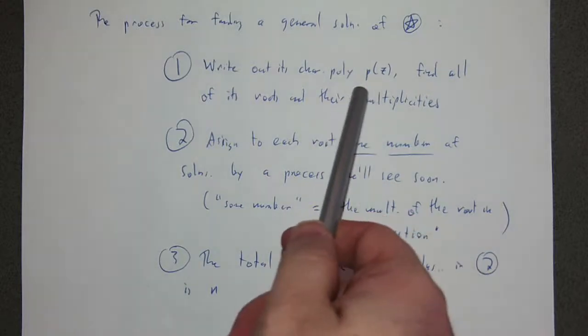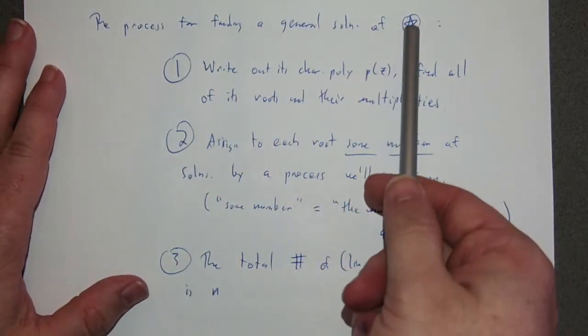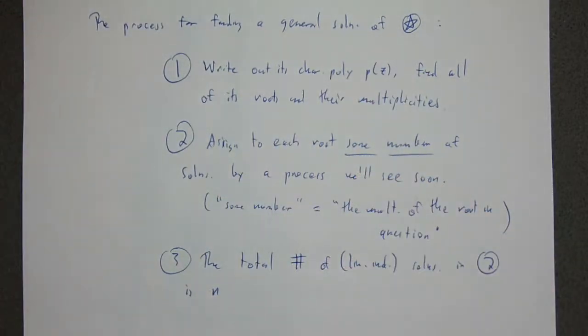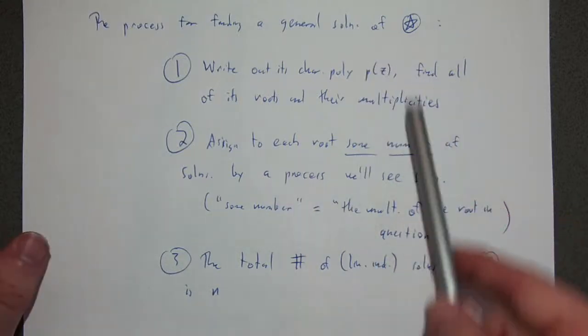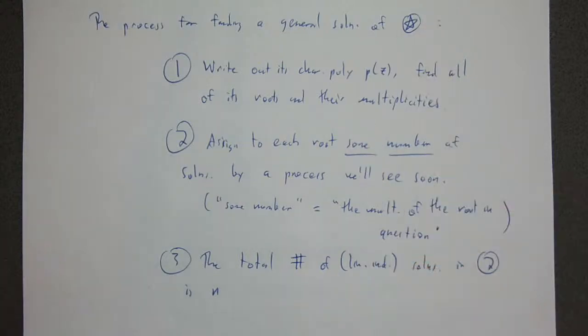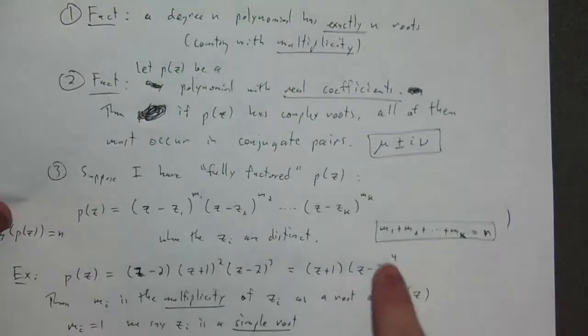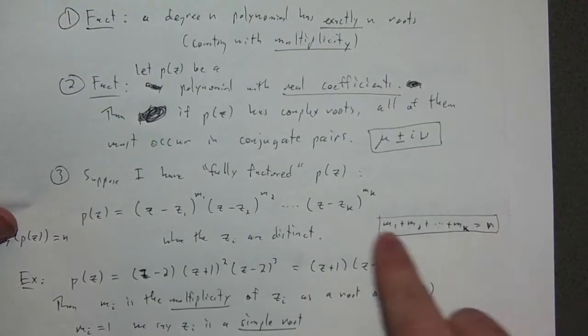Because you have a characteristic polynomial. This star is an nth order equation. The characteristic polynomial then is degree n. If I'm assigning to each root some number of solutions equal to its multiplicity, remember our fact about multiplicity is if you took the multiplicity of every single root and added them up, you have to get n.